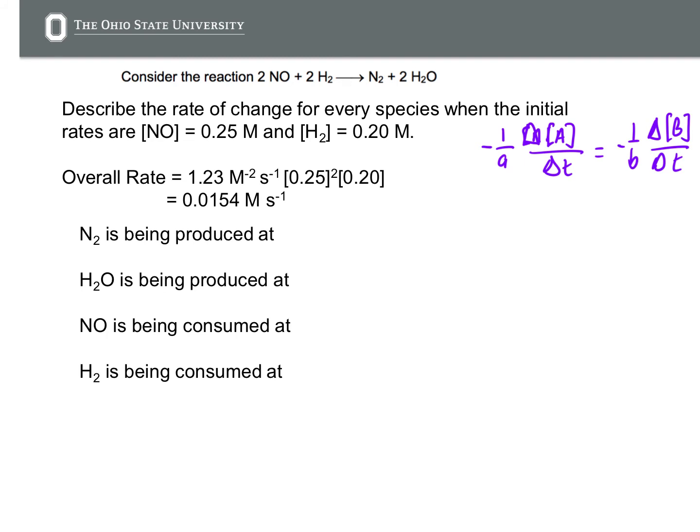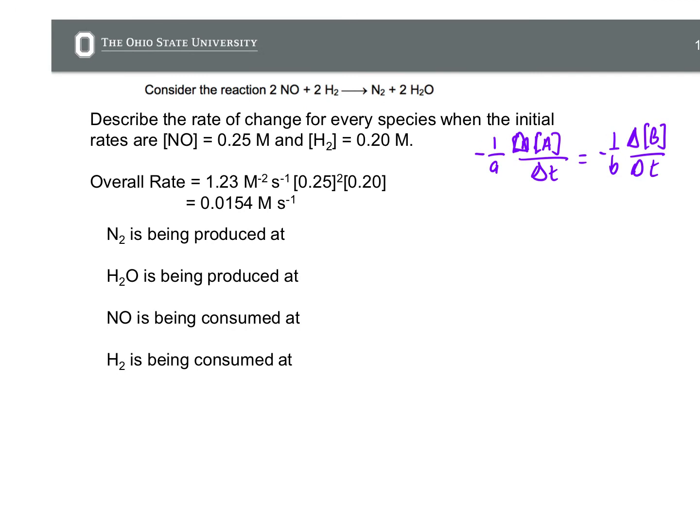So let's first determine our overall rate for a given initial concentration. That's kind of done here for you. It says describe the rate of change for every species when the initial concentrations are 0.25 molar for NO and 0.2 molar for H2. We've already calculated the rate constant.